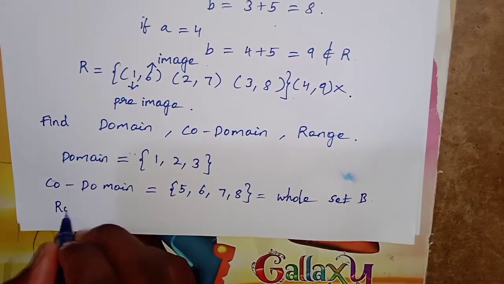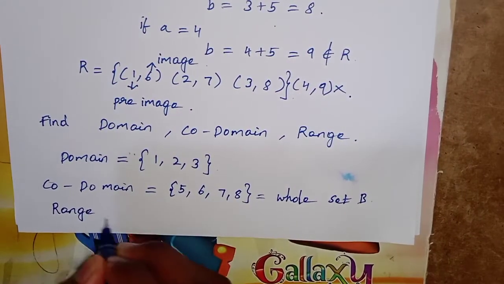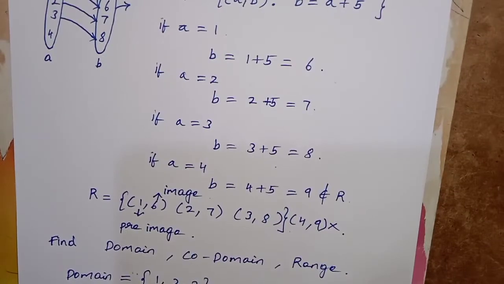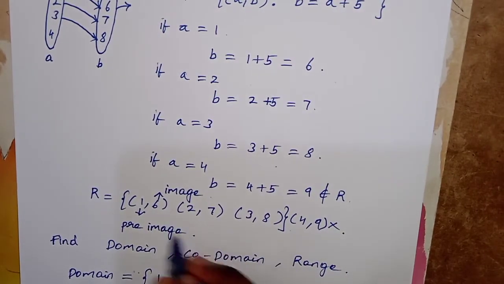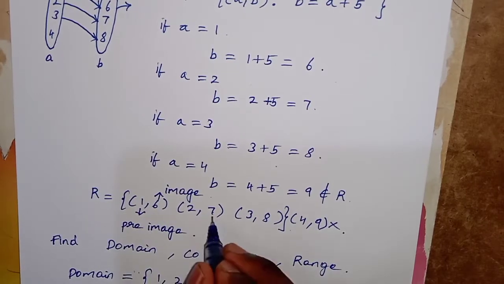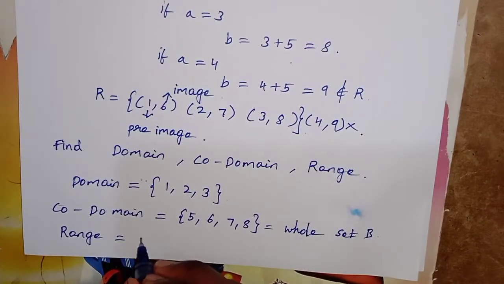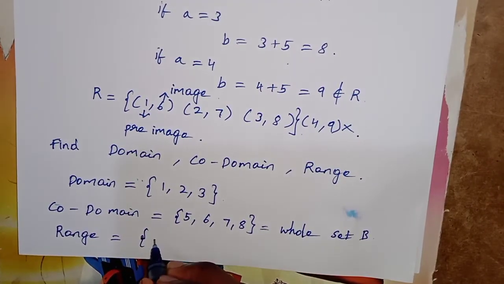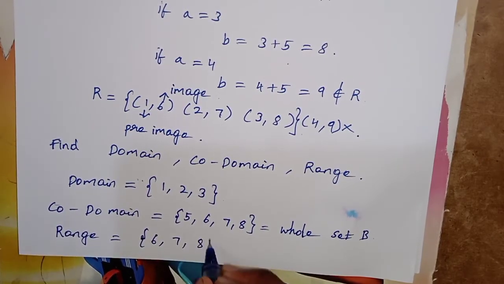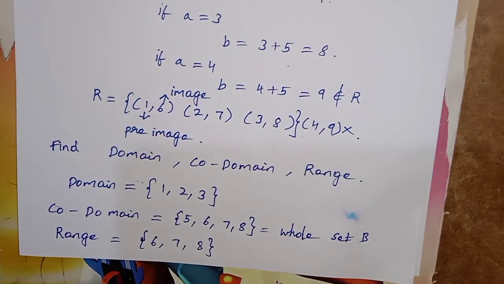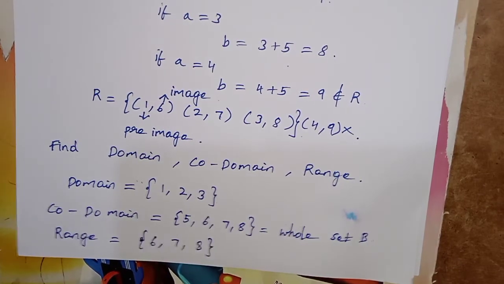And range means the images. In our ordered pairs, the images are known as the range. Therefore 6, 7, 8. I hope it is clear.